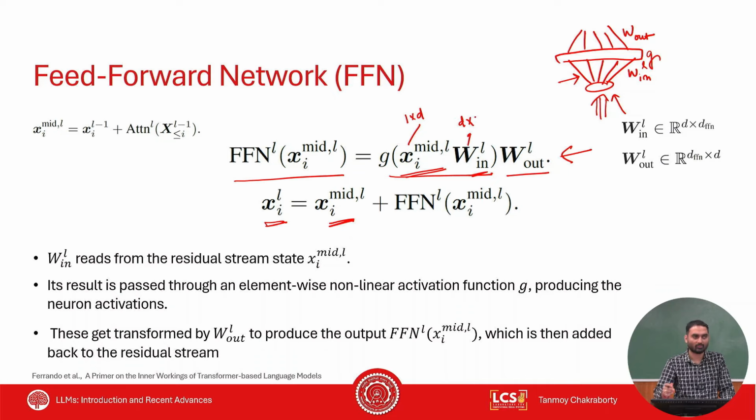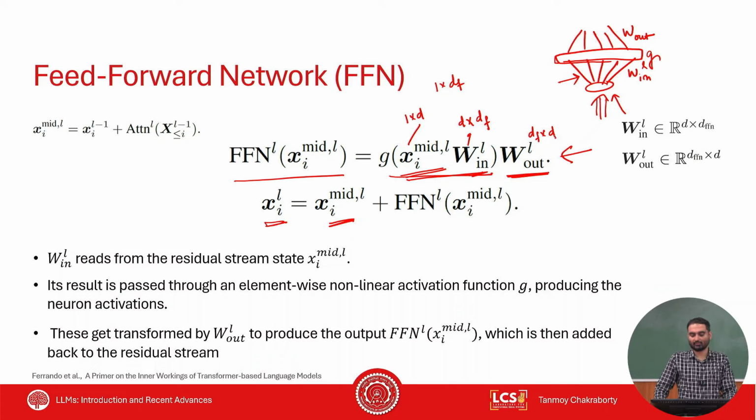D times some dimension, let's call it DF. So what is the resultant dimension? The resultant dimension is 1 cross DF. What is the dimension of W_out? The dimension is DF times D.